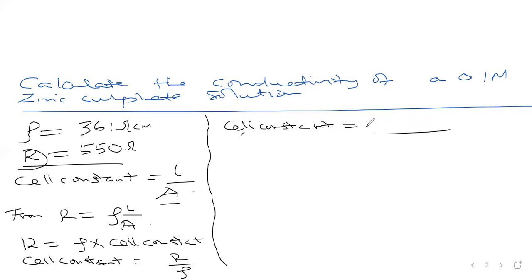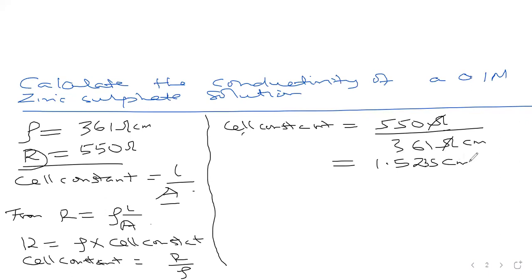We have cell constant as our resistance, 550 ohms, over resistivity, 361 ohm centimeter. Ohm cancels out. When you divide this, you get 1.5235 per centimeter. Centimeter is at the bottom, so then it becomes per centimeter. That is the cell constant. And you get your marks from that.